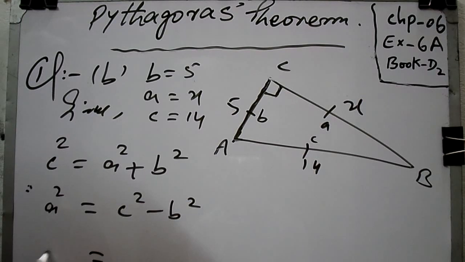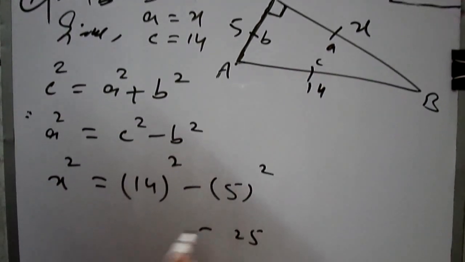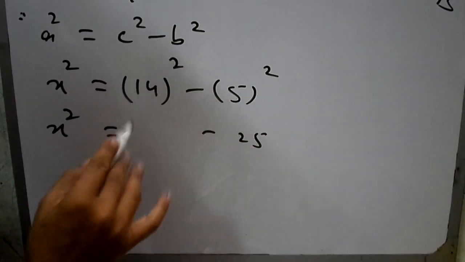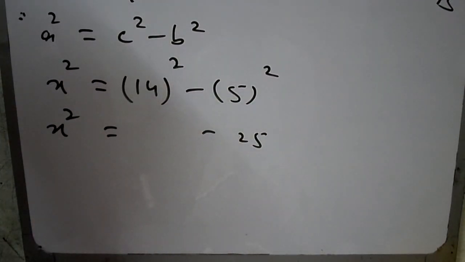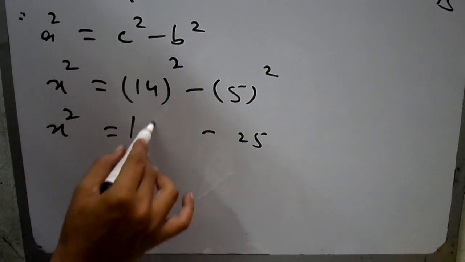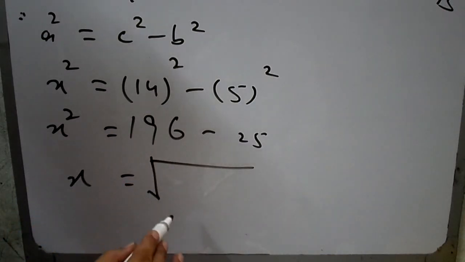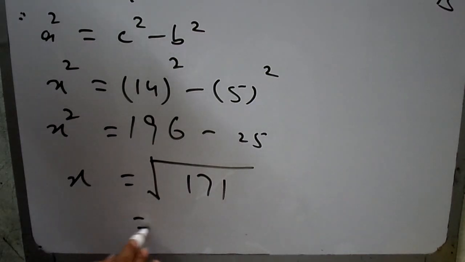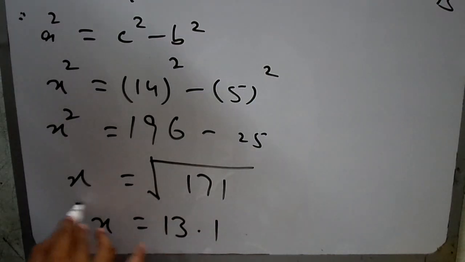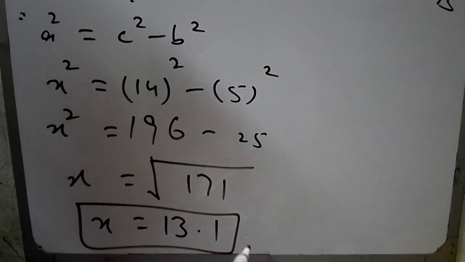Putting the values, A is x, C is 14 and B is 5. Simplifying, 14 into 14 is 196. Subtracting, you will get x square equal to 171, so the value of x is 13.1. That is your required result.